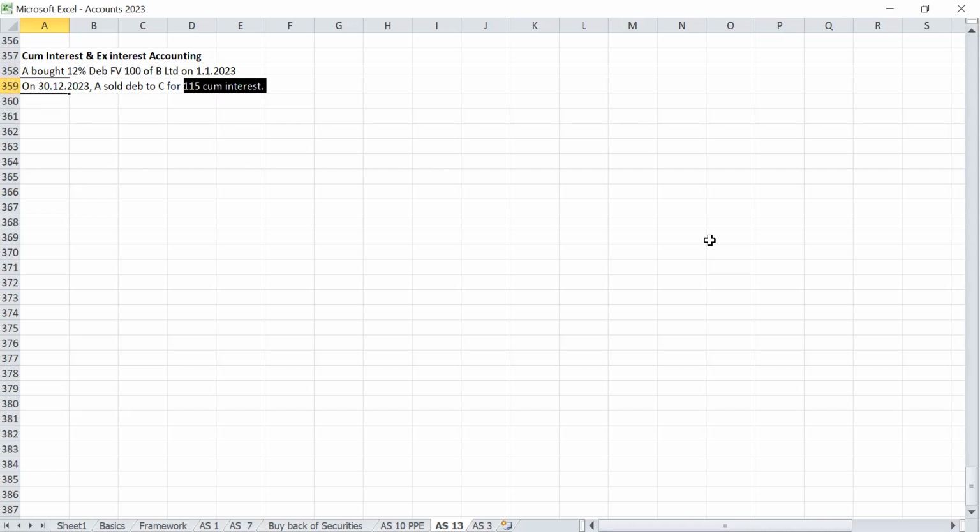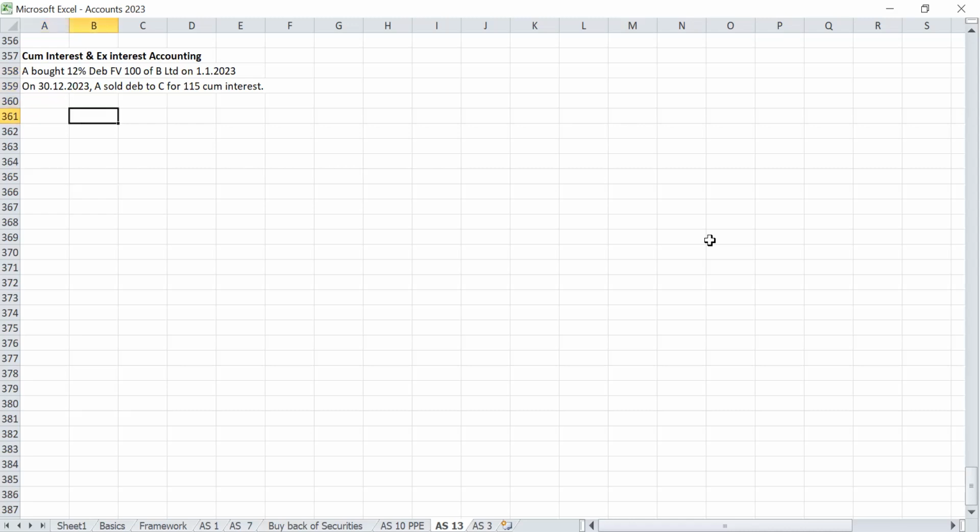Means what? Means 115 is including interest. Interest we have already computed as 100 into 12%, 12 rupees interest.